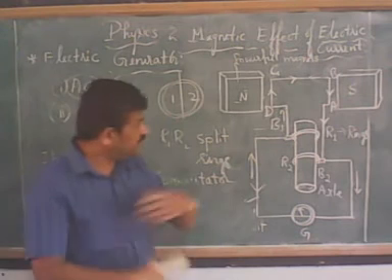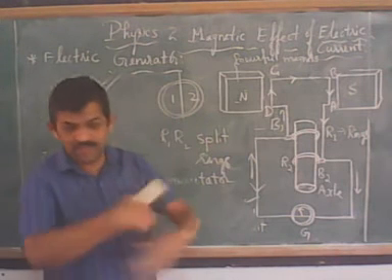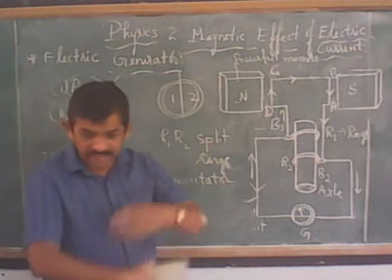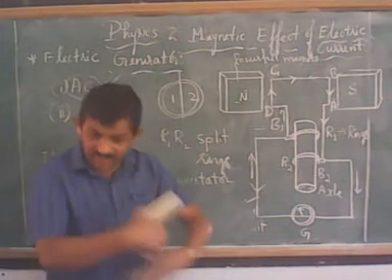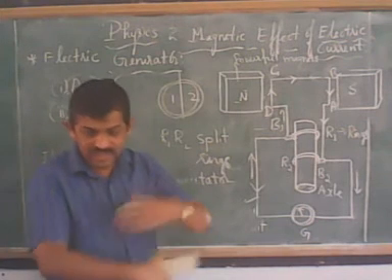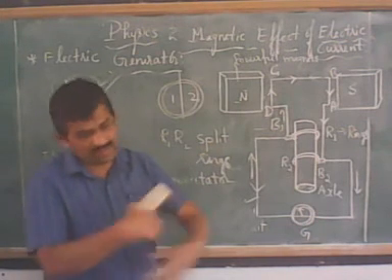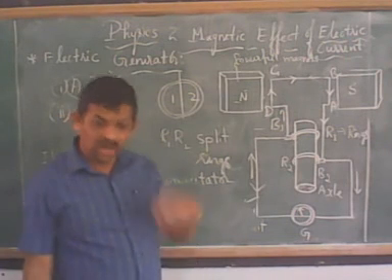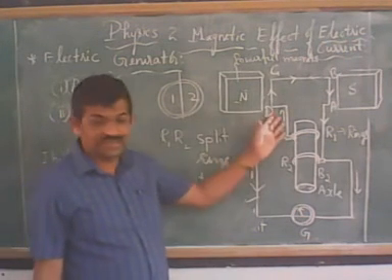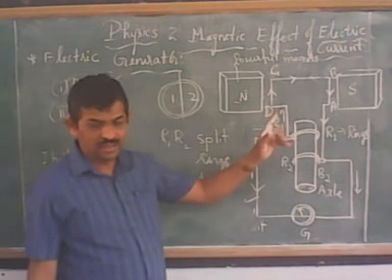If the ABCD coil, the armature, is moving through 180 degrees, total 360 degrees for a complete cycle, whatever the direction of movement of the coil, clockwise or anti-clockwise, normally we consider clockwise here.